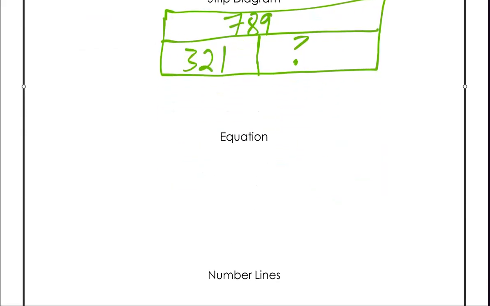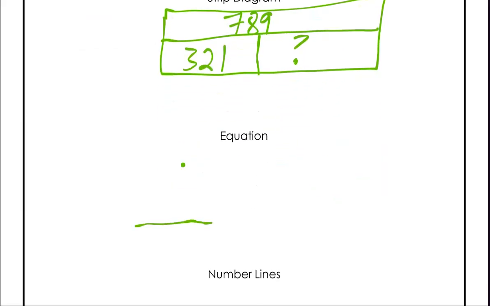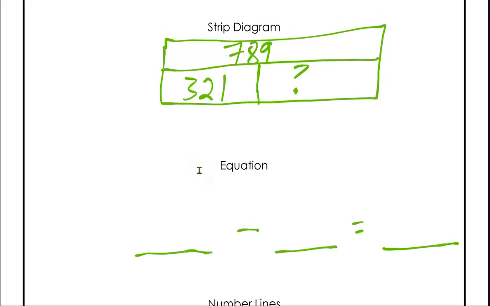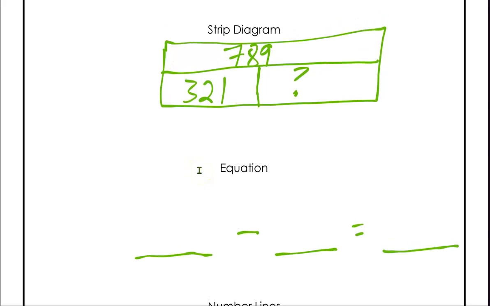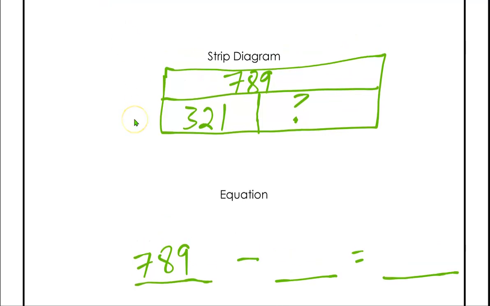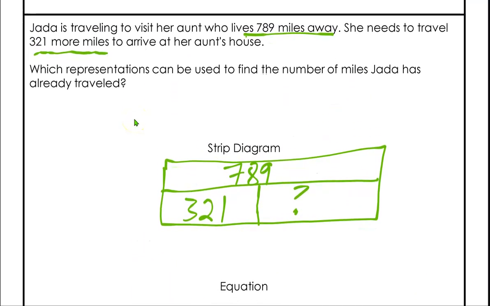So if we're going to subtract, we know that it needs to be blank minus blank equals blank. We know that 789 is the total, right? So in subtraction, the total needs to go in the front. So 789 needs to go in the front because it's a total.